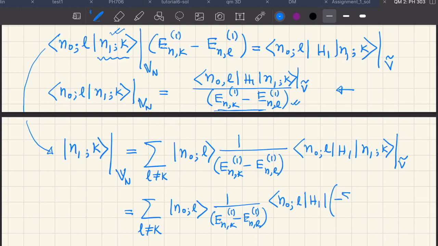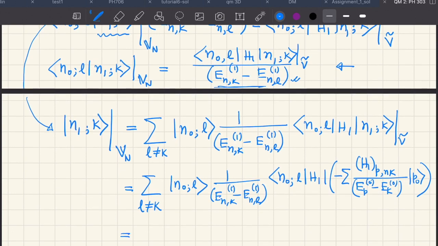So that is minus sum over H1 P comma Nk divided by EP0 minus EK0, then P naught, this one.